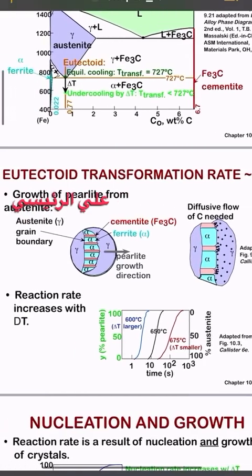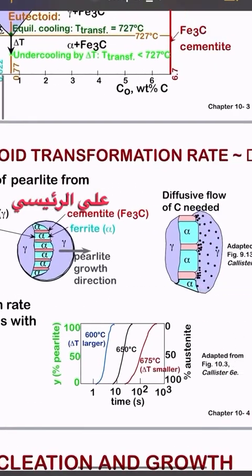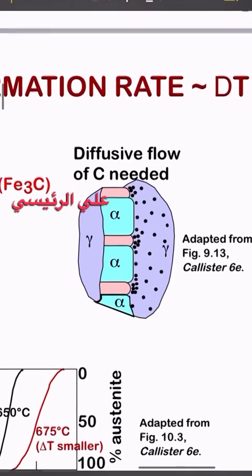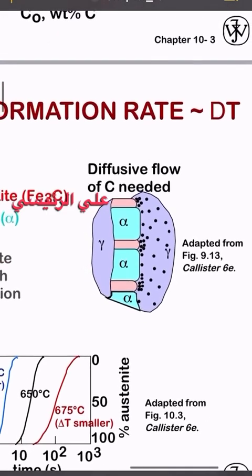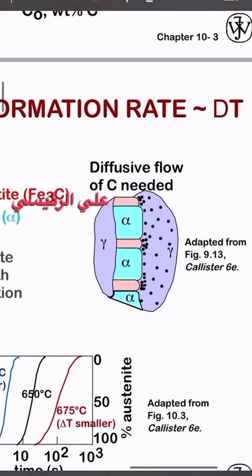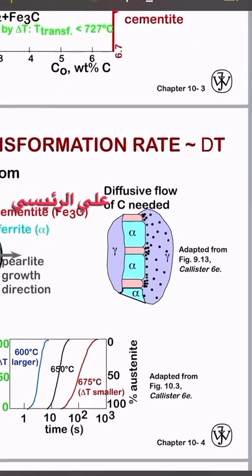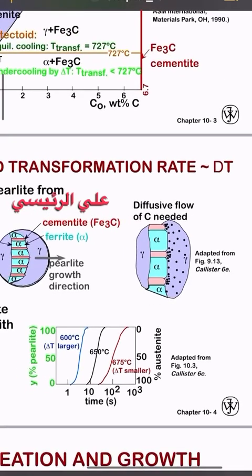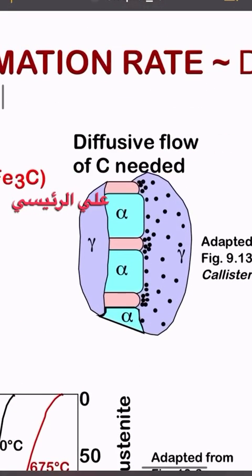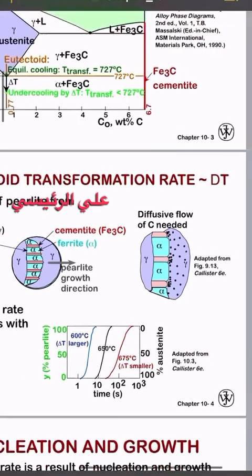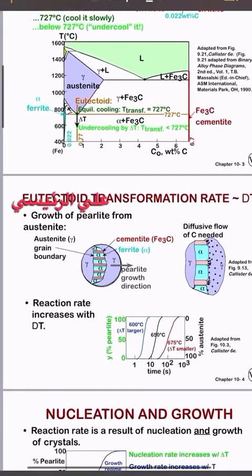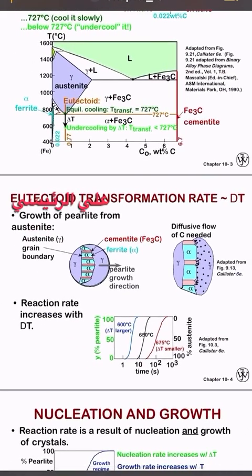Here you can see the black points are the carbon granules, with the diffusion flow of carbon needed. And the reaction rate increases with dT. dT, as I said, is delta temperature.